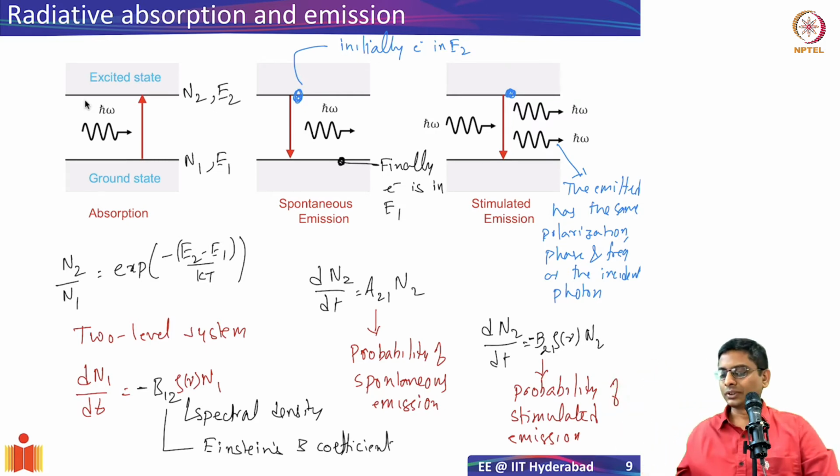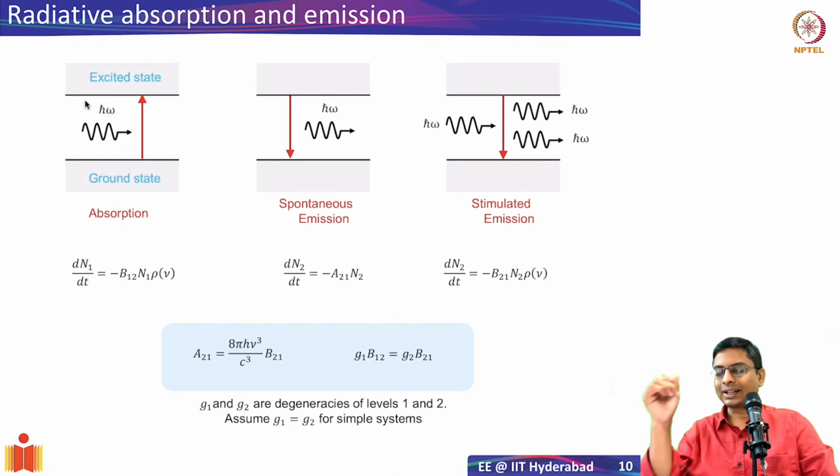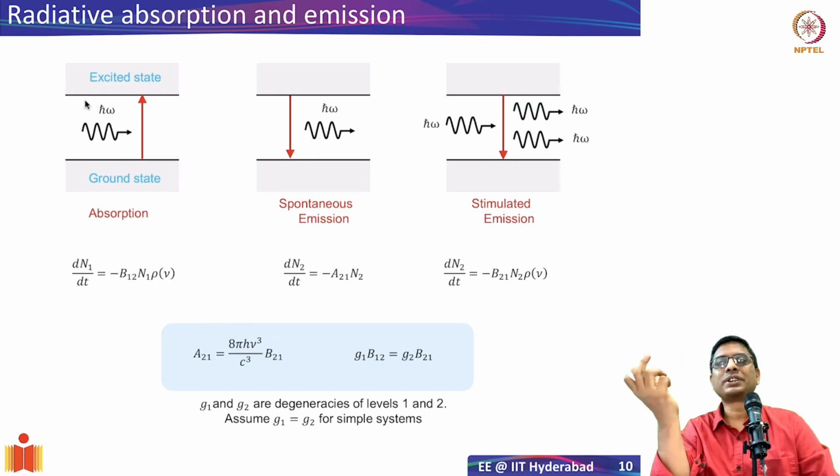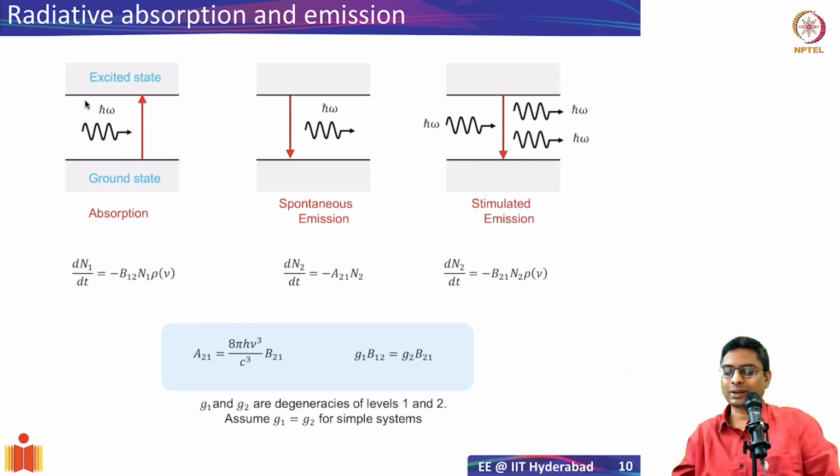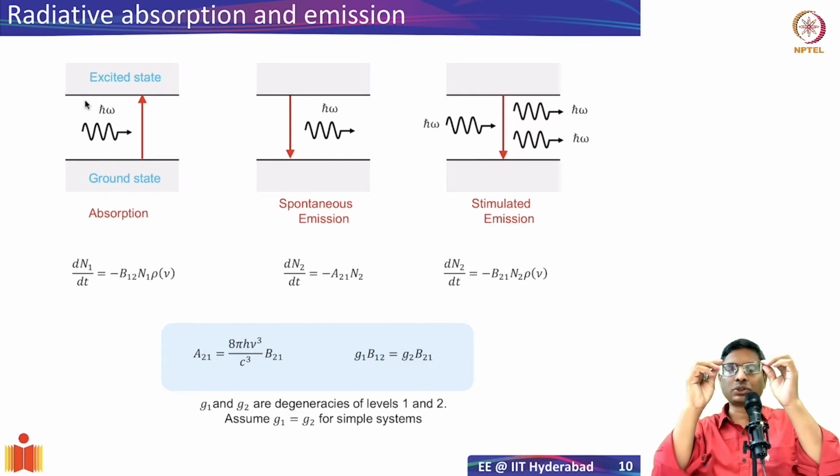All right. So Einstein considered these three processes, and then he applied what is known as the principle of detailed balance, and he figured out that the coefficients themselves are not independent. So I just summarized whatever I had written on the previous slide. So essentially the same expressions here. For the rate equations, you consider an equilibrium situation where there is no change of population.